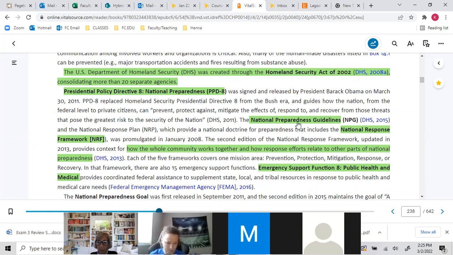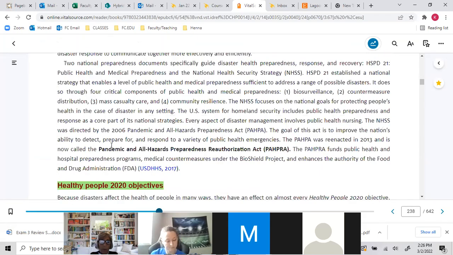I've highlighted four: the preparedness guidelines and response framework, PPD 8, NPG, NRF, and the emergency support function, which is the public health and medical. That's page 238.